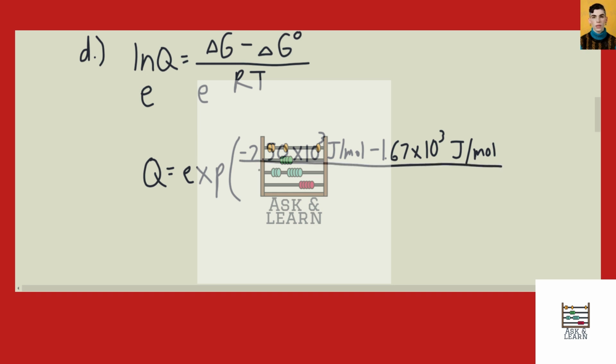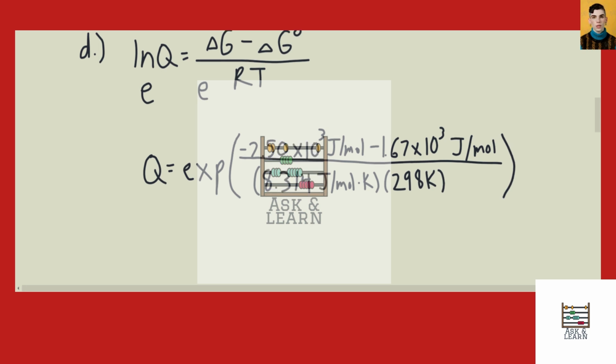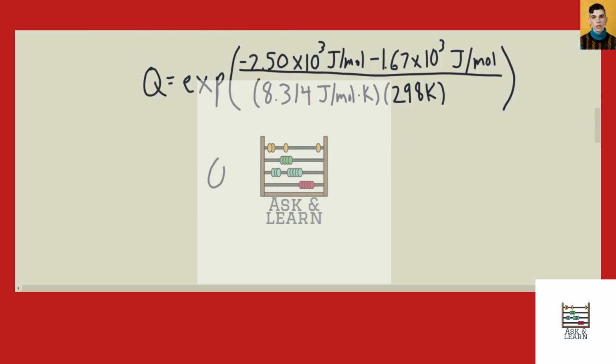And then we divide by RT, which are the same values as we've used before, 8.314 joules per mole Kelvin, times that temperature of 298 Kelvin. And now when we solve for Q, we should get the unitless answer of 0.19.